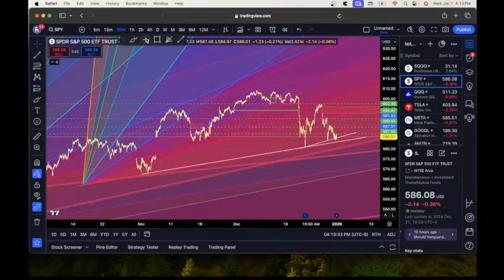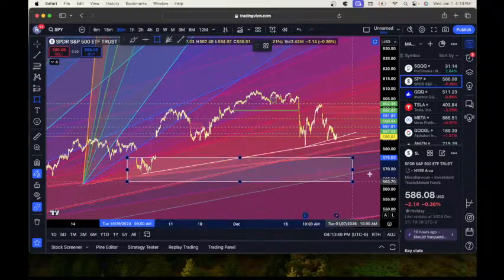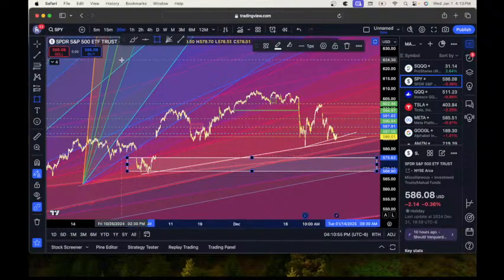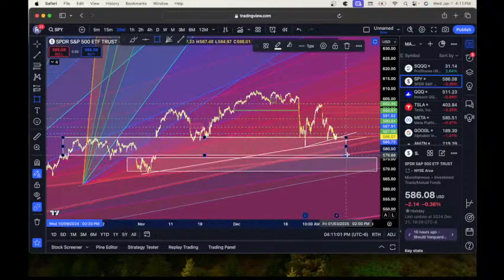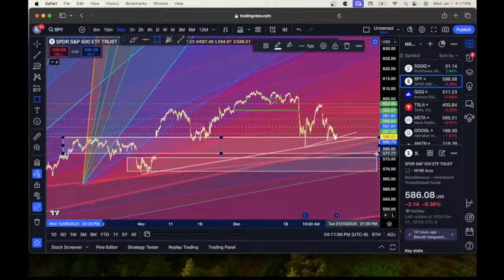So here we are. What I'm going to do is find the major tops and bottoms, and I'm going to stretch out everything. So I'm gonna start right here, and I'm gonna plot. I'll lock out that one. I'm gonna bring this one out. Bam. I'm gonna label this one.